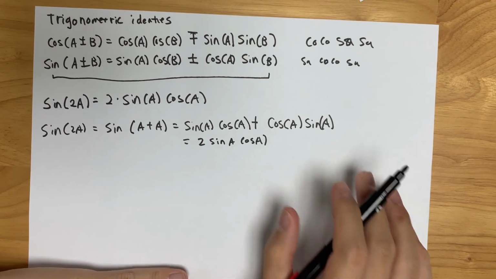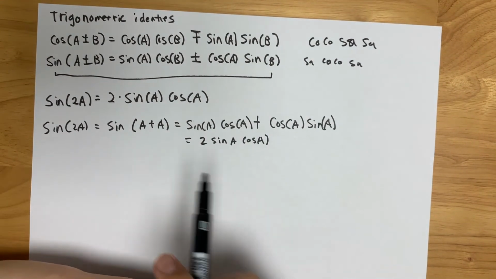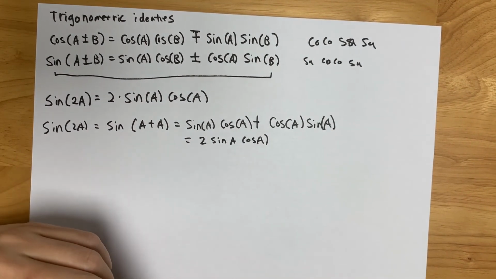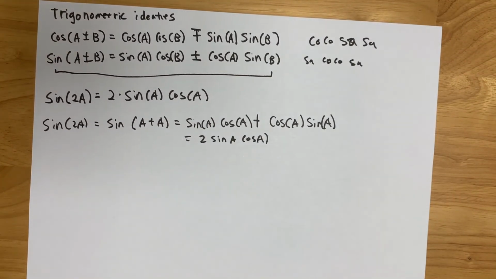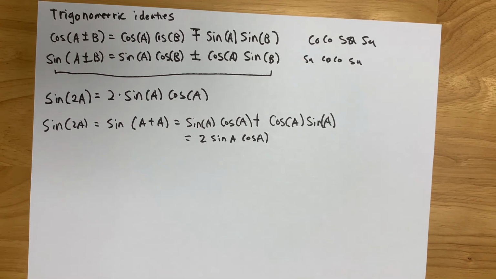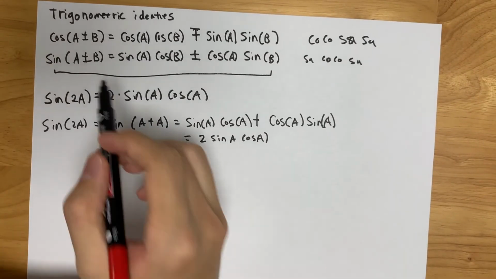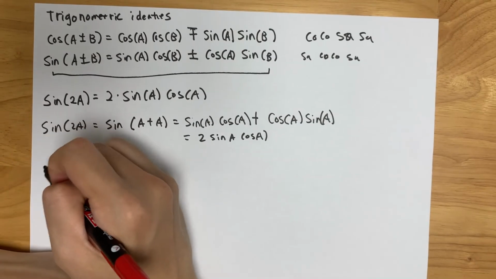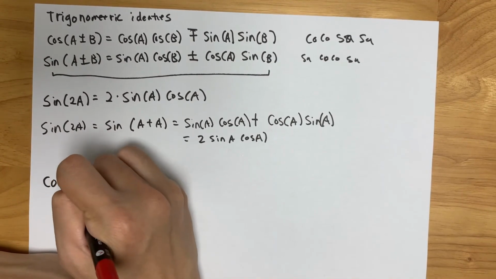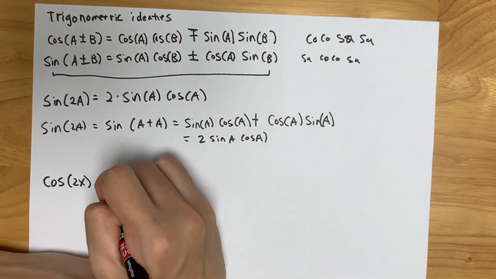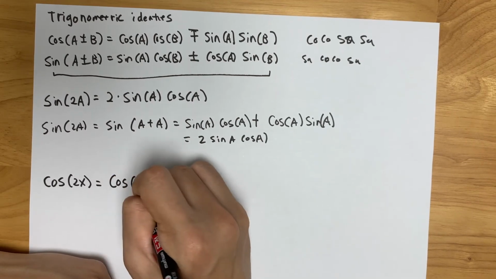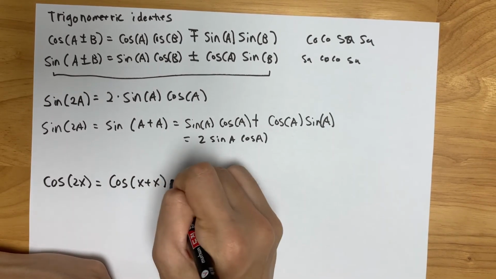For cosine 2a, I'm going to use something different. It's a little bit longer. I don't want you to get confused, so let's say cosine 2x. This is cosine of x plus x, right?